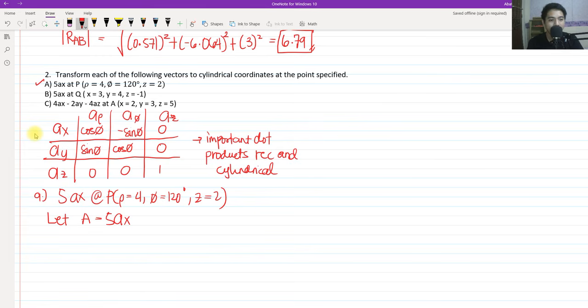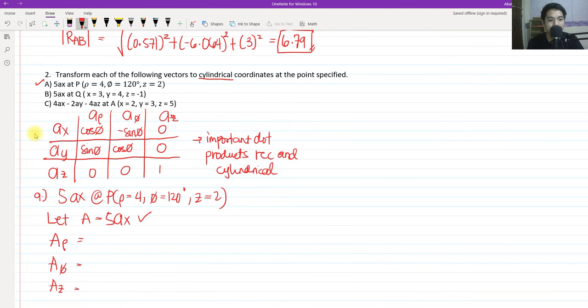What we are going to do is get the components of A in terms of rho, because we are trying to find the cylindrical coordinates of this vector at the point rho, phi, and z. So we have A sub rho, A sub phi, and A sub z.